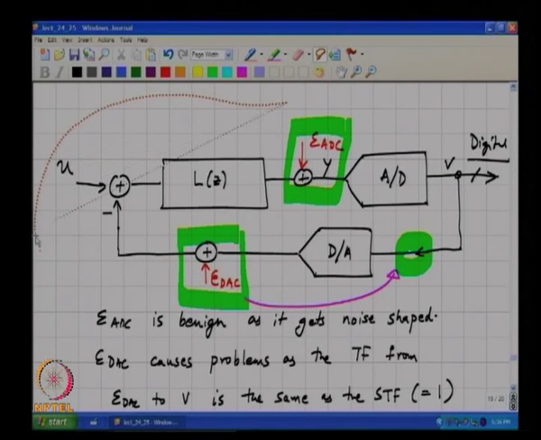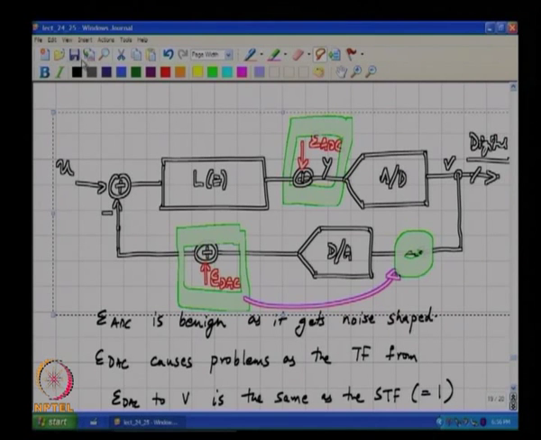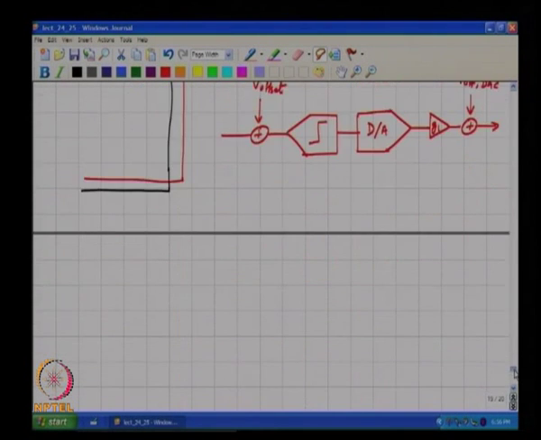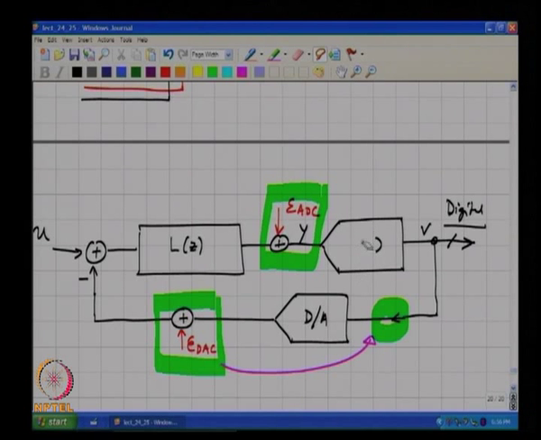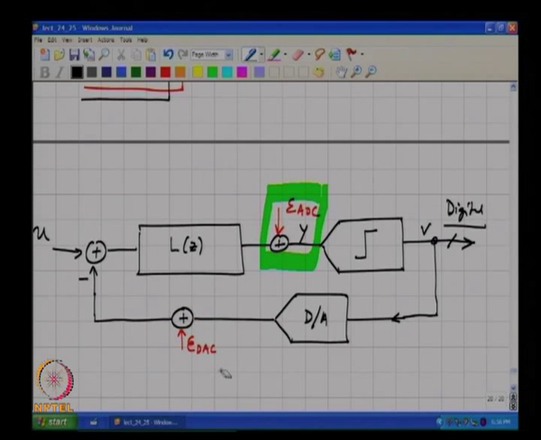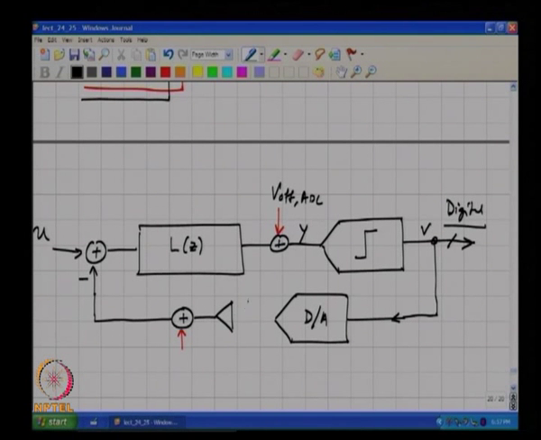So, now if we analyze what happens to a single bit modulator, there is an offset in the ADC, there is say a gain error G, which is very close to 1, because hopefully these errors are small, and there will be a V offset in the DAC.